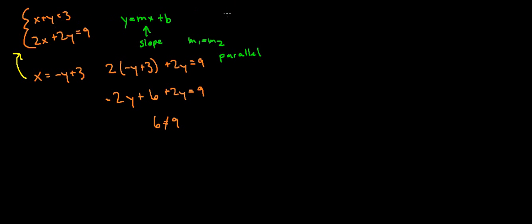I'll take this first equation and I'll write it in terms of y. So x plus y is equal to 3. y is equal to minus x plus 3. So m is equal to minus 1.